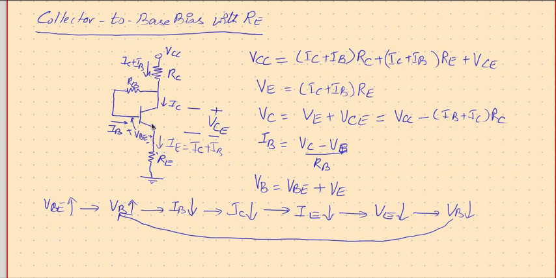Due to temperature changes, VB may change. Due to temperature changes, beta may change, and all such effects are taken care of by these two feedbacks. One feedback is the collector to base connection, and the other feedback is the emitter resistor.